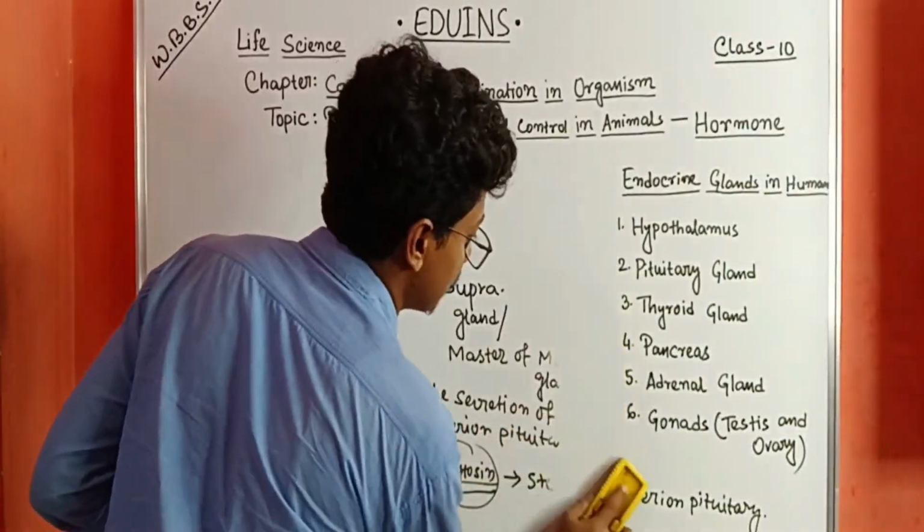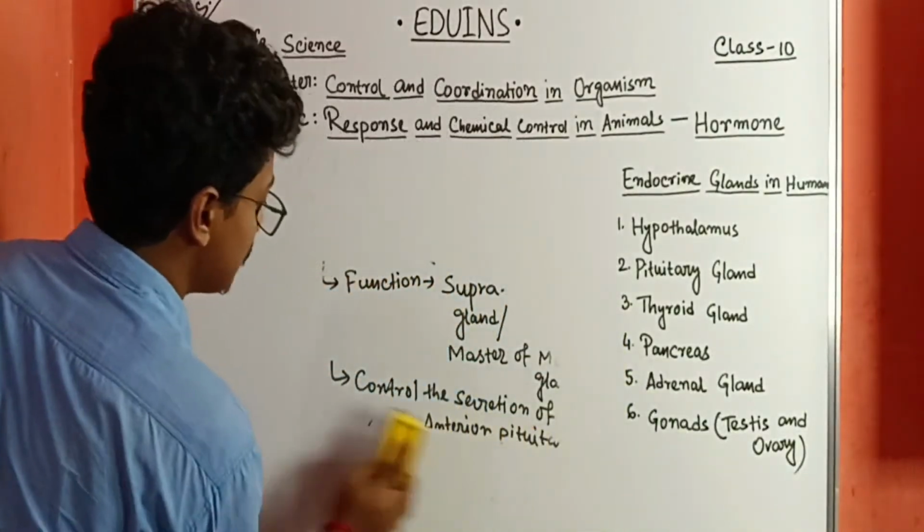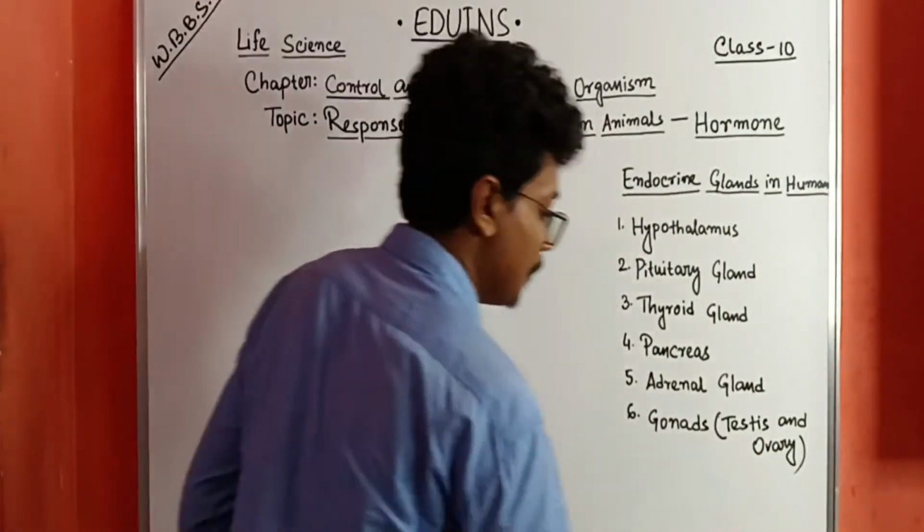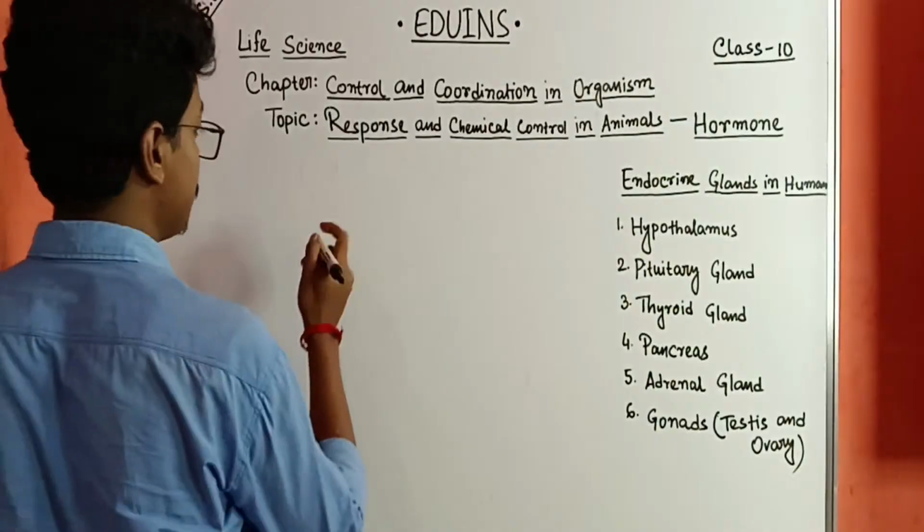Next one is the pituitary. The pituitary is the master gland of our body. It is known as the master gland of our body.